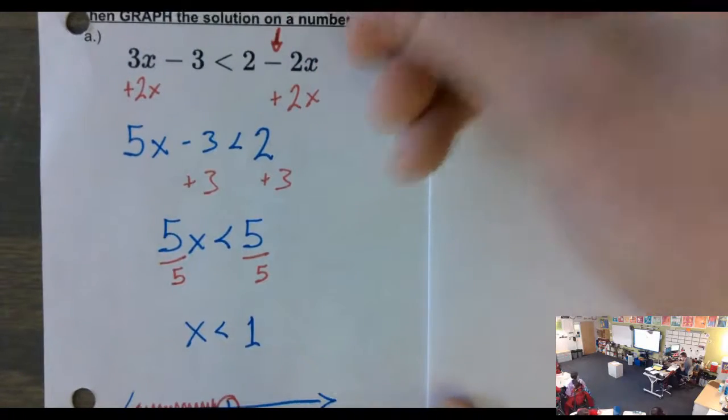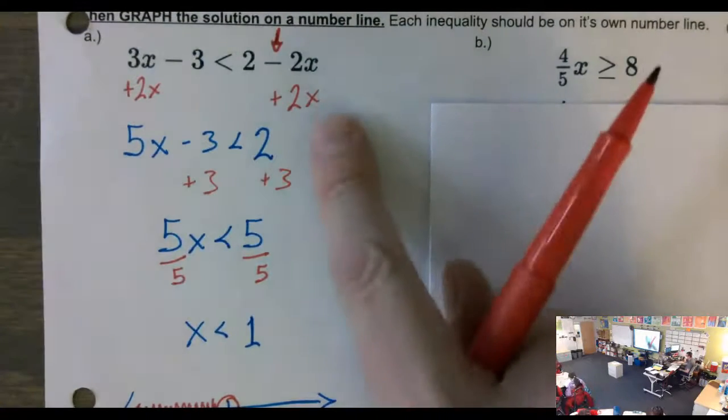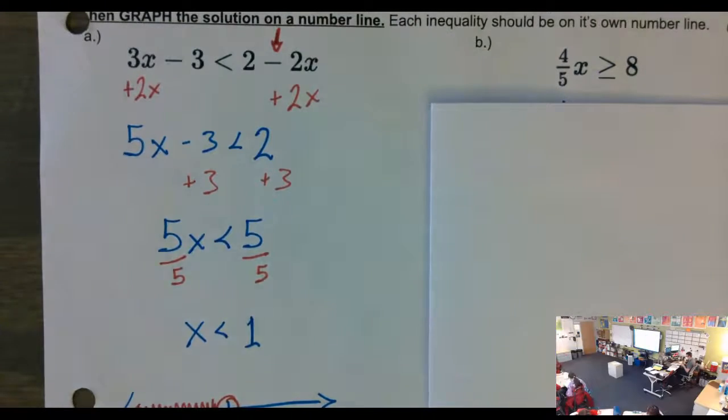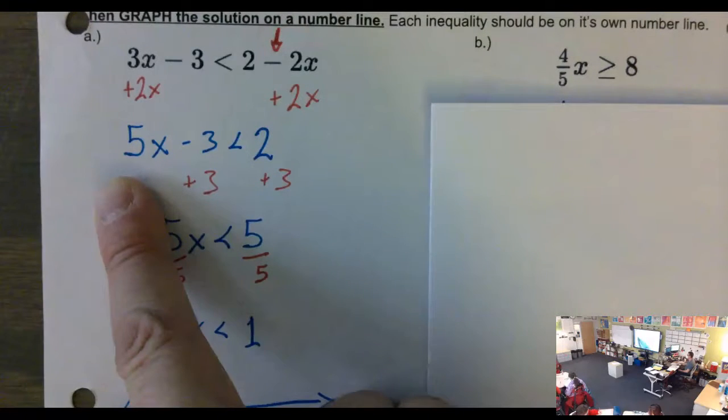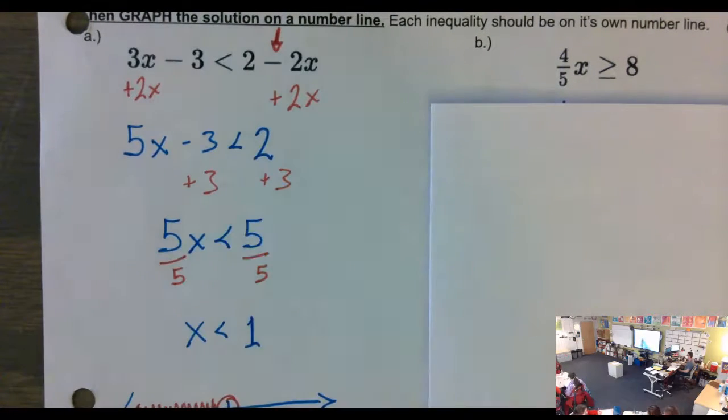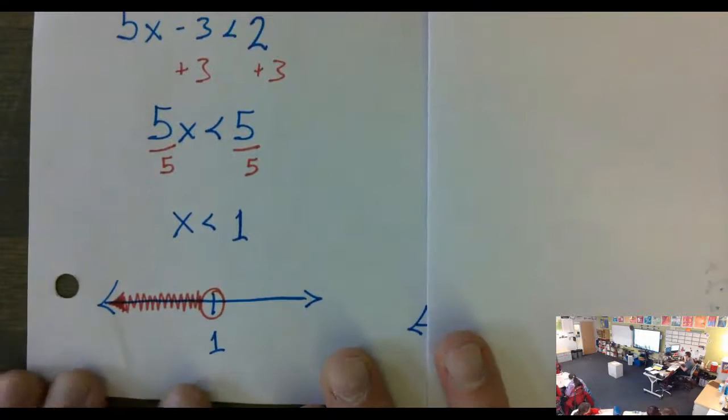Since I have a negative variable, I'm going to choose the option where I get rid of the negative. So I add 2x to both sides. Then since I've chosen left to be my variable side, I add 3 on both sides. If 5x is less than 5, we divide by 5 and get x is less than 1.